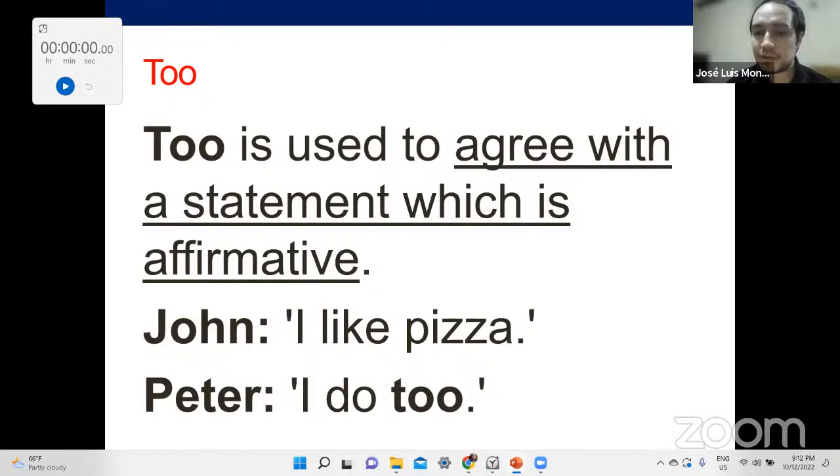She's been to Europe before. How do you agree with that idea? Are we using too or so? Only too, in this case. I've been to.